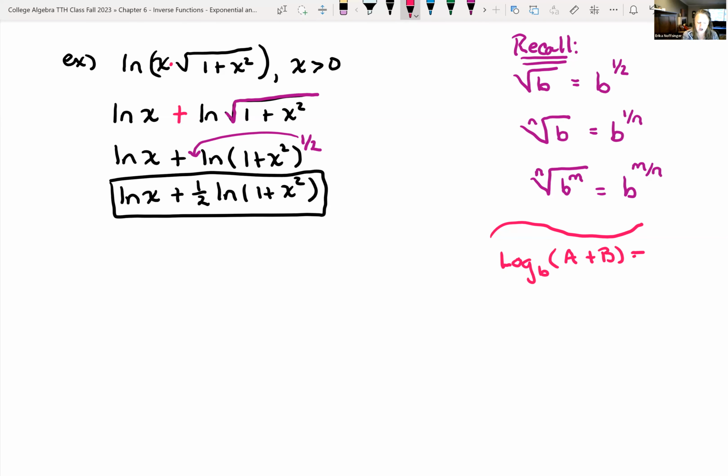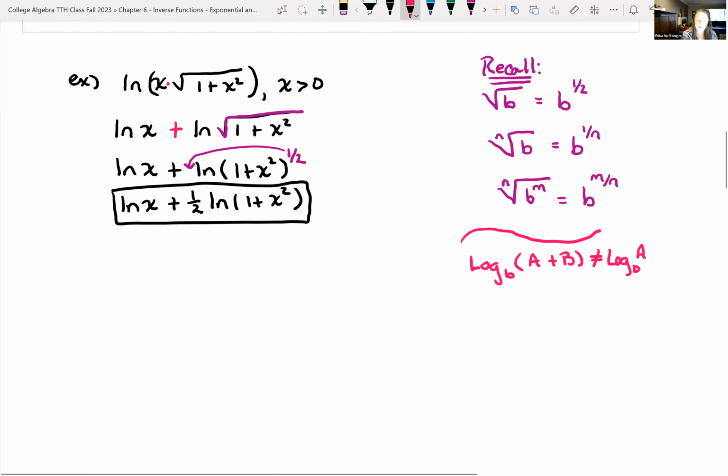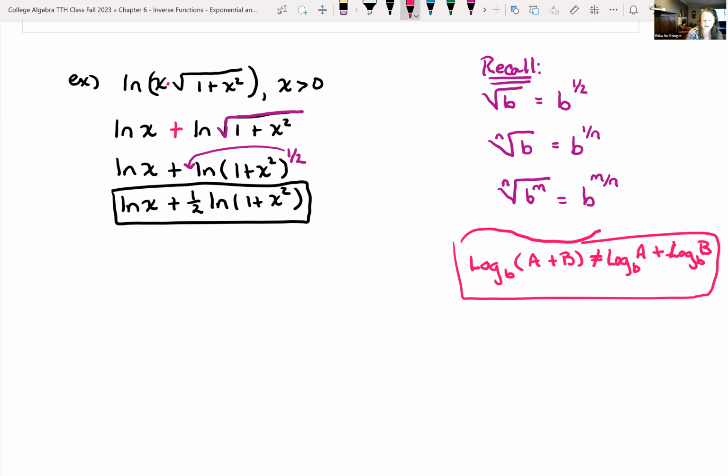So this is not equal to log base b of a plus log base b of capital B. So don't do that. So let's look at a couple more examples.